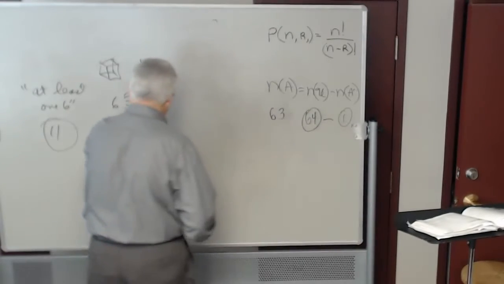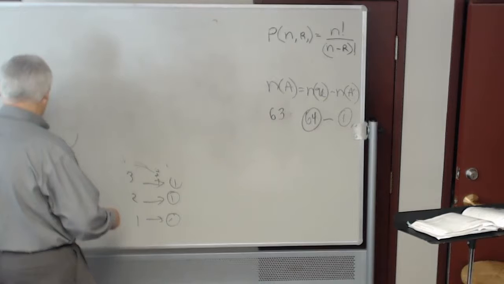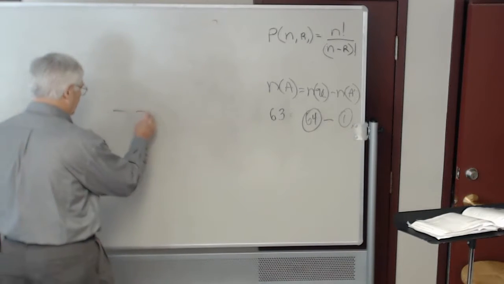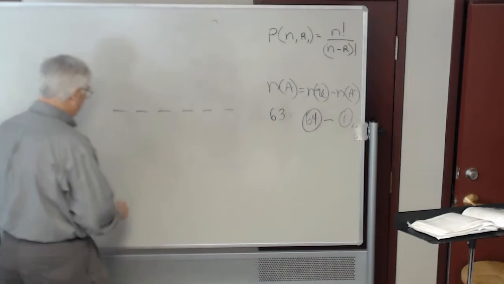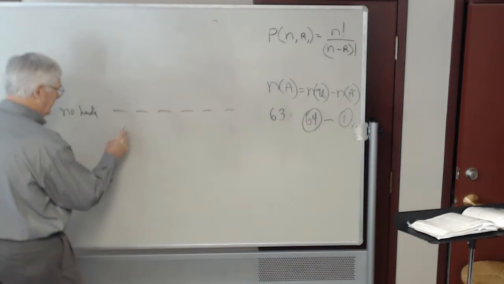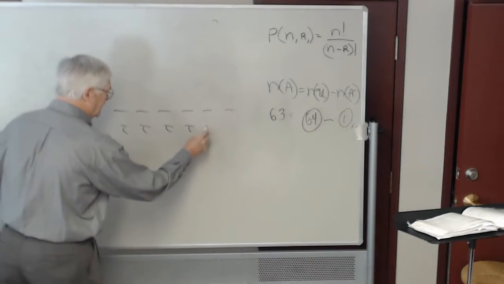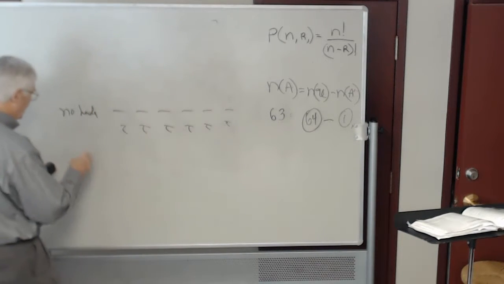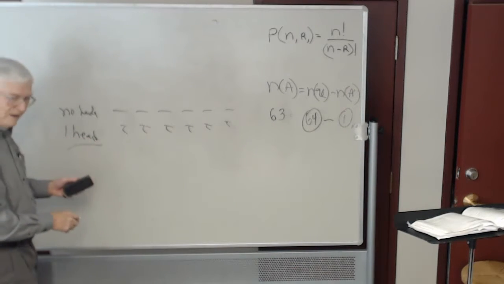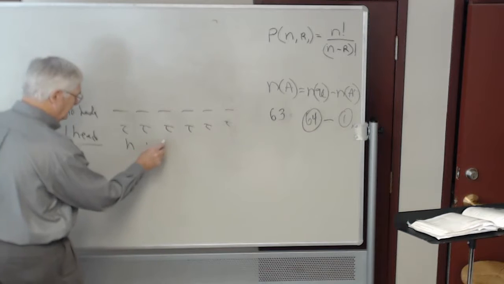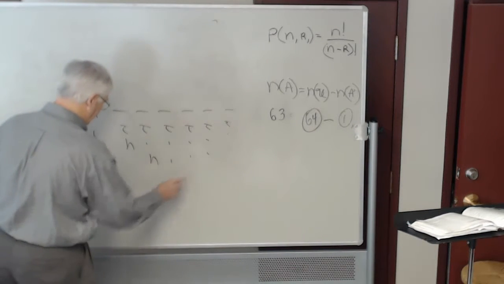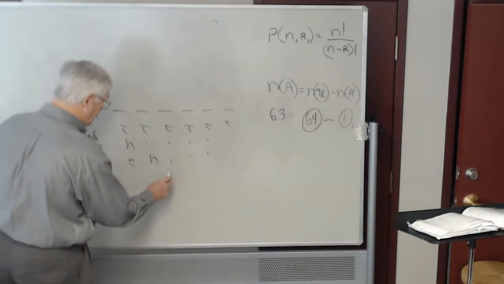Okay. How many coins are we tossing here? 6? 1, 2, 3, 4, 5, 6. No heads would be tail, tail, tail, tail, tail, tail. 1 head would be head, tail, tail, tail, tail, tail, then tail, head, tail, tail, tail, tail, and so on.